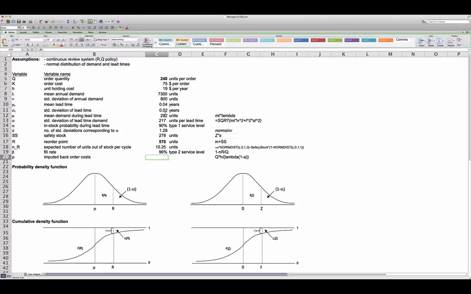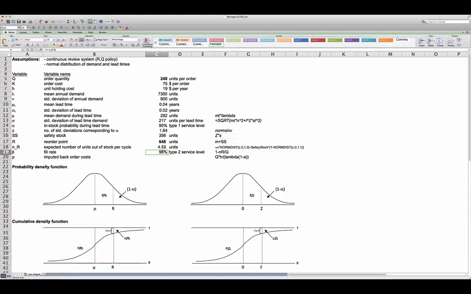And of course, what we're going to see as a result is that the safety stock increases, the reorder point increases, and ultimately the stock out quantity would then decrease. Remember, down from 10.25 to 4.53. And as a result, then the fill rate increases. So naturally, the number of units I can expect to stock out by will be a function of the reorder point. That's why we call it the N of R.